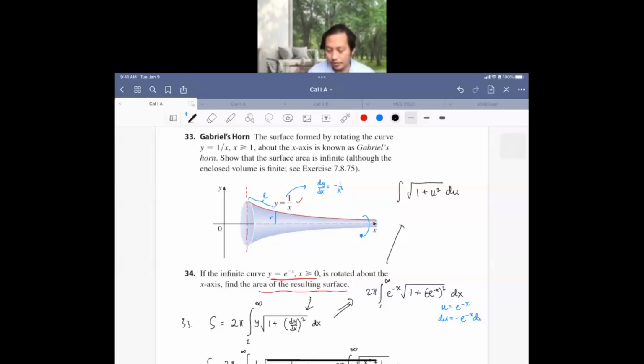And then we could try to take this integral. I think we could take it by parts.